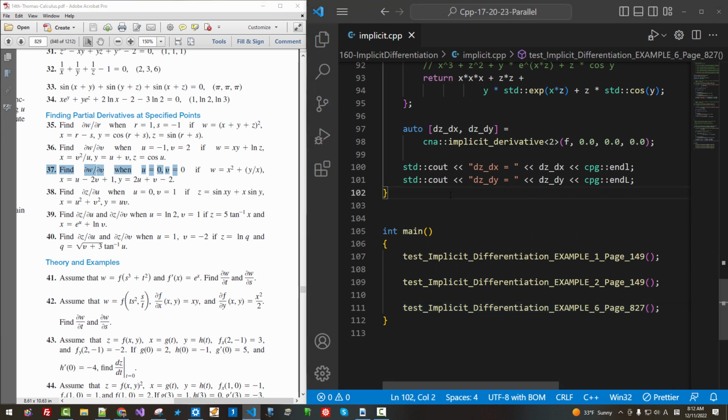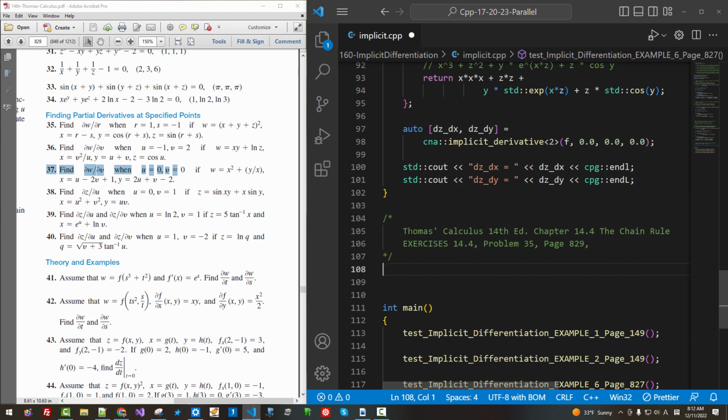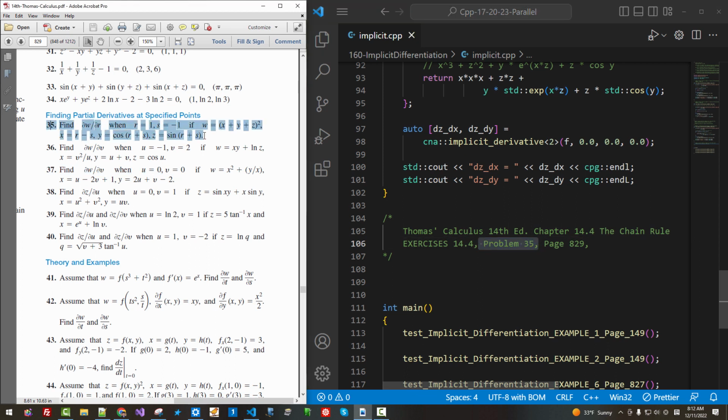I will copy this message. Thomas's Calculus, 14th edition, chapter 14.5, the chain rule, exercise 14.4, problem 35. Problem 35, this problem, page 829.